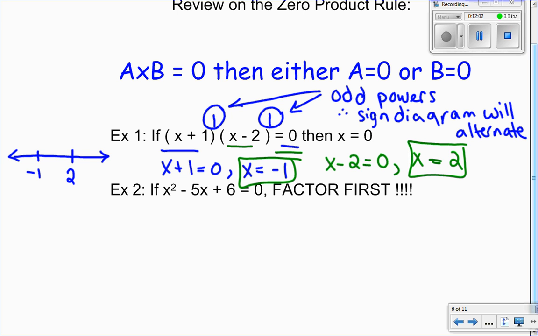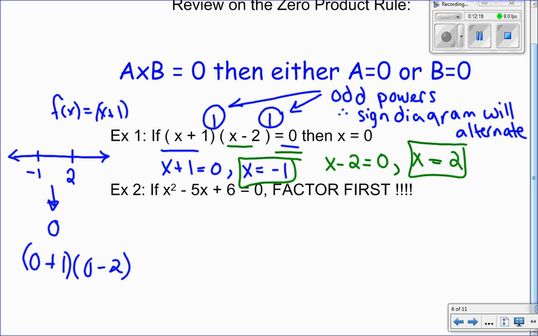Okay, so if we just choose a number between negative 1 and 2, for example, 0, and if we plug that into our function, 0 plus 1 and 0 minus 2, assuming our function is f of x equals x plus 1 times x minus 2. Okay, so we have a positive times a negative, which is going to give us a negative.